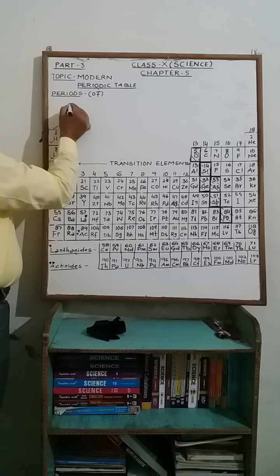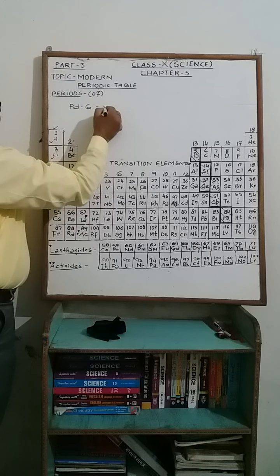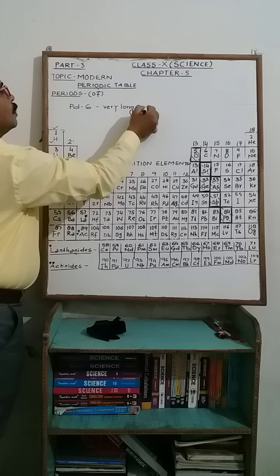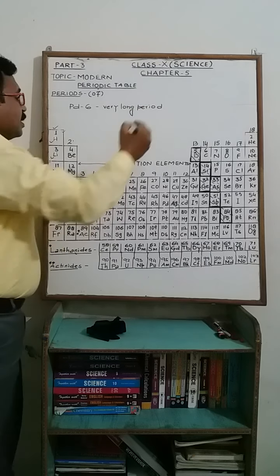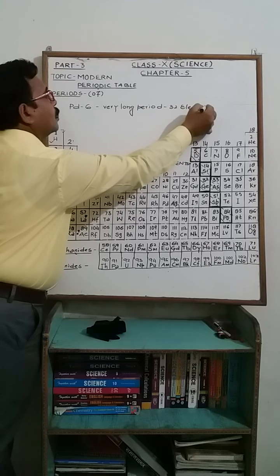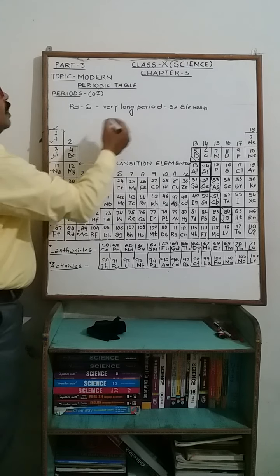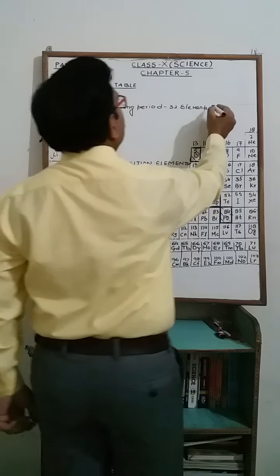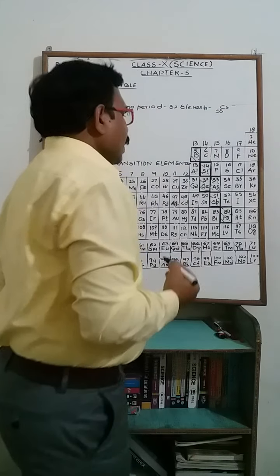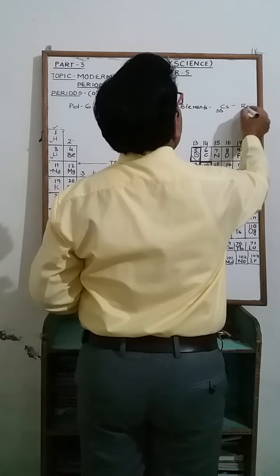Period 6 is known as the very long period, because it has 32 elements, starting from cesium, an alkali metal with atomic number 55, up to radon, atomic number 86, a noble gas, Rn.